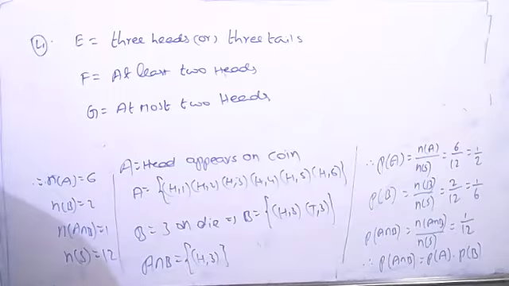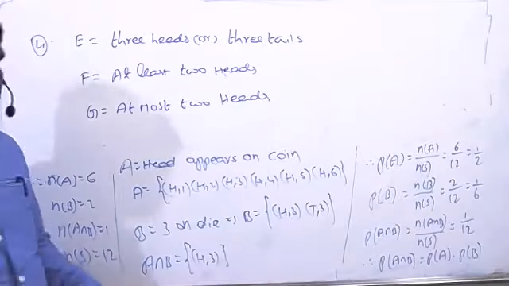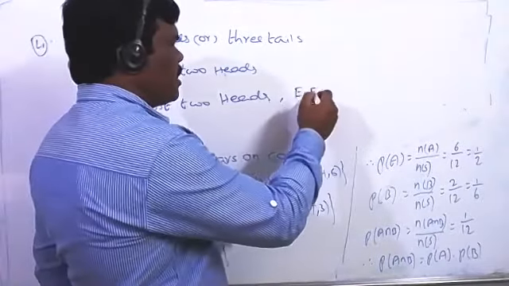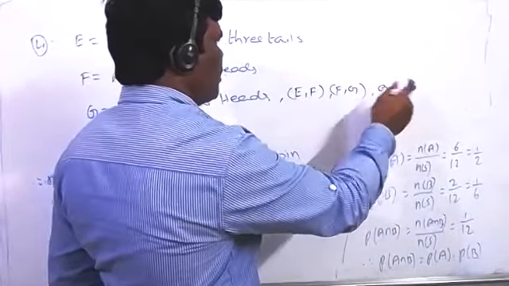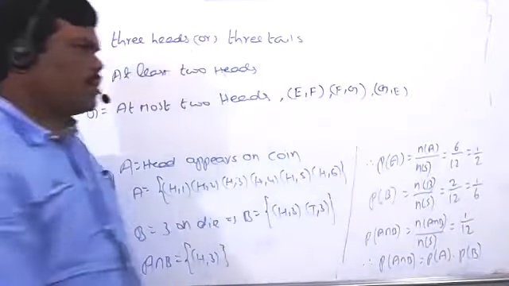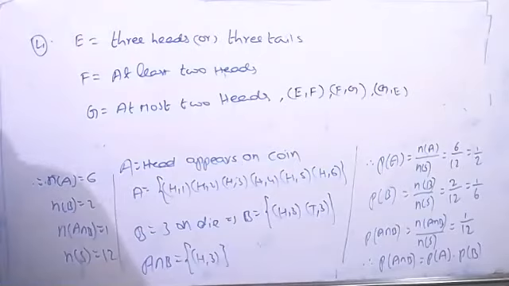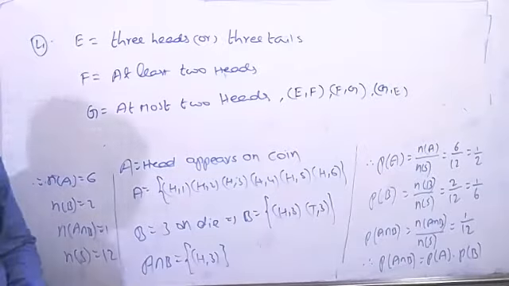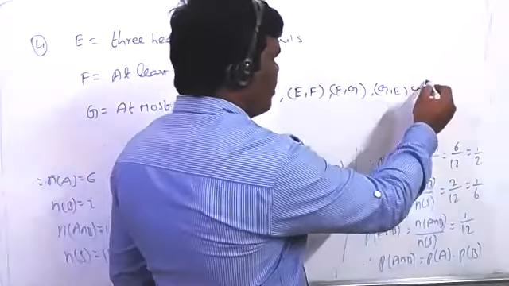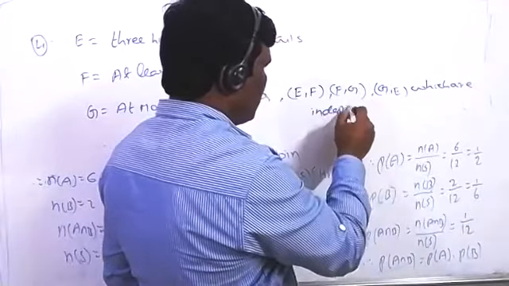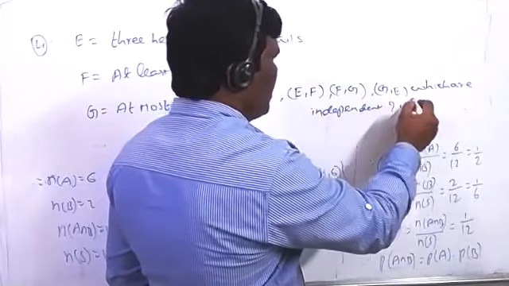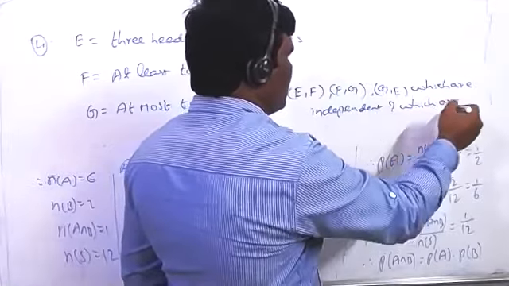Of the pairs, they're asking the question here now: E comma F, F comma G, and G comma E, which are independent and which are dependent?